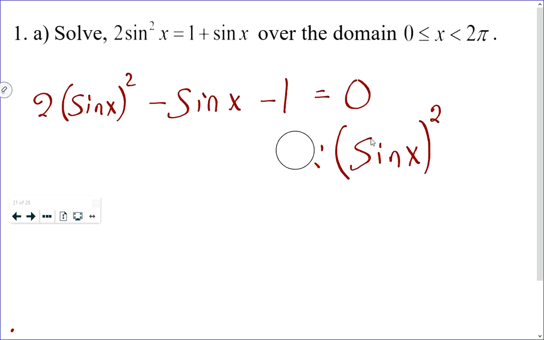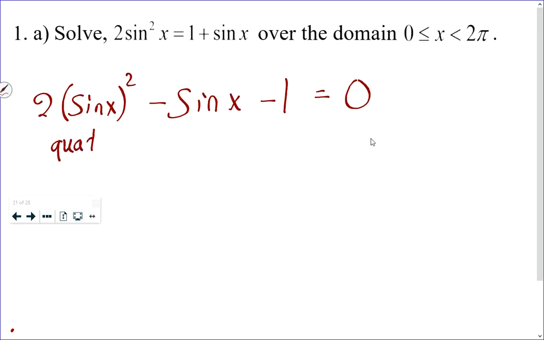There is this part of my brain, and it should be a part of your brain, that is saying, I see a squared on the variable, kind of, so it's quadratic. And when you solve a quadratic equation, you zero the equation. So this is my quadratic term. This is my linear term.